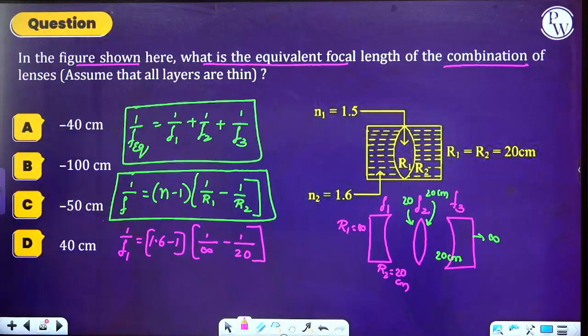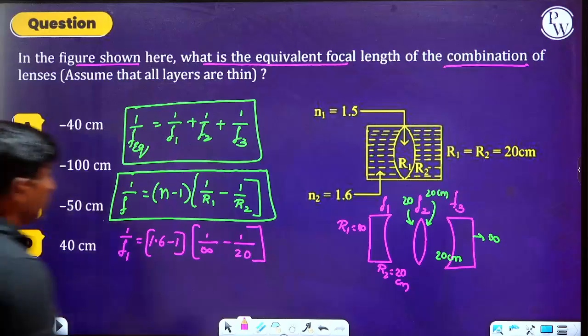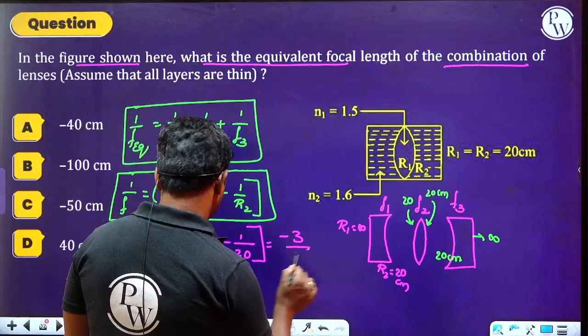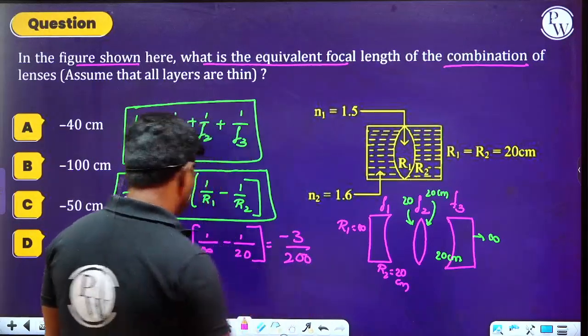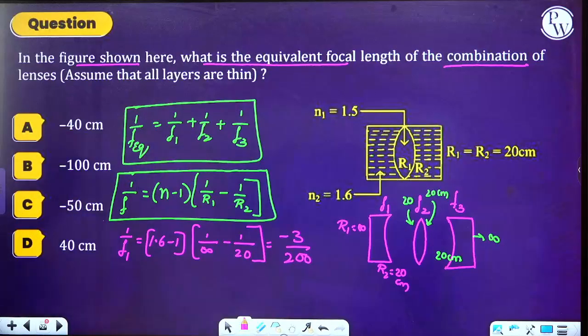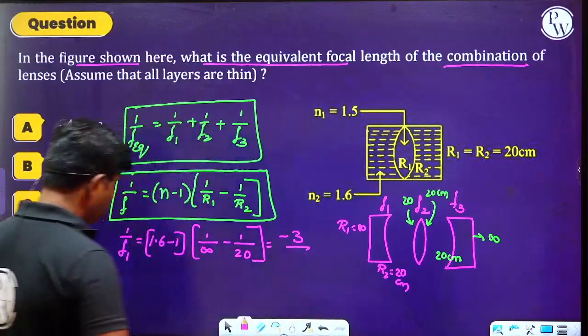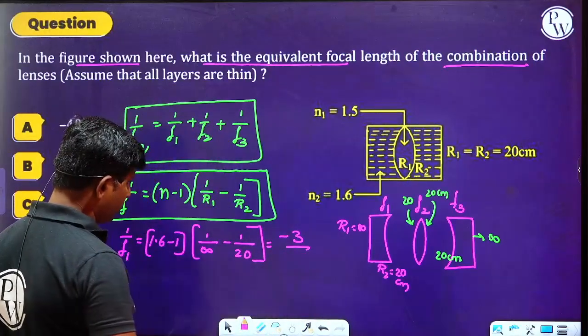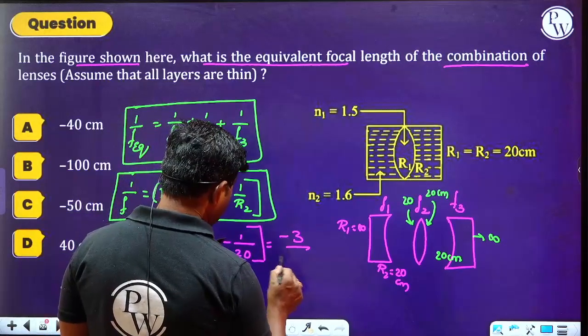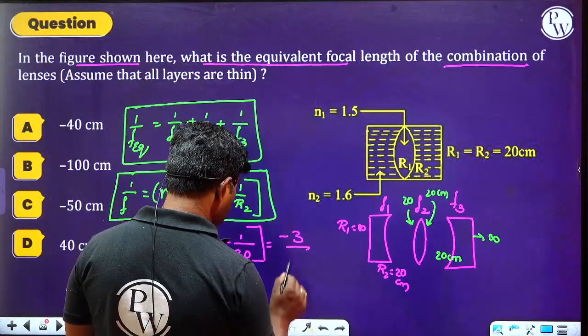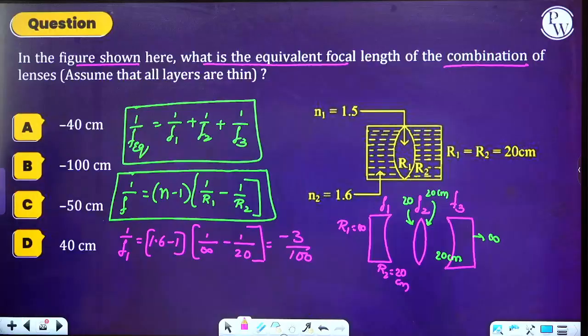Whenever we do simplification, you will get the answer as approximately 0.6 divided by 20, which we can say is minus 3 divided by 100. That is the 1 by f1 value. And similarly, what is the 1 by f2 value?